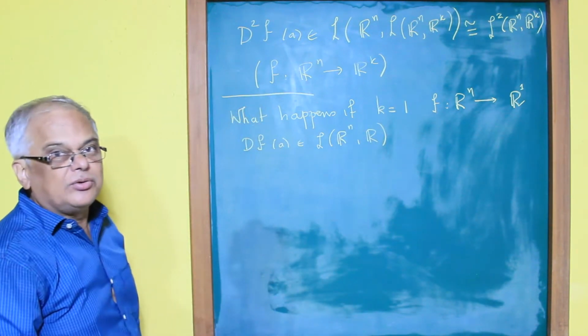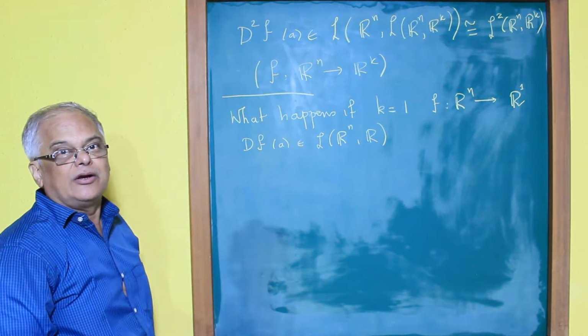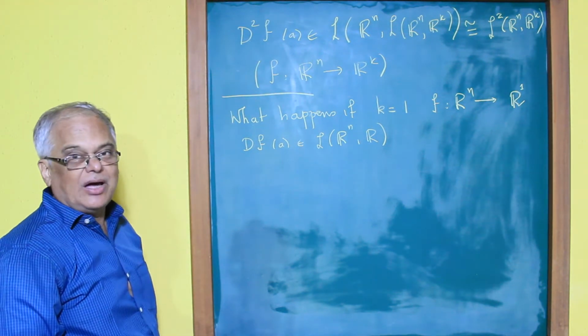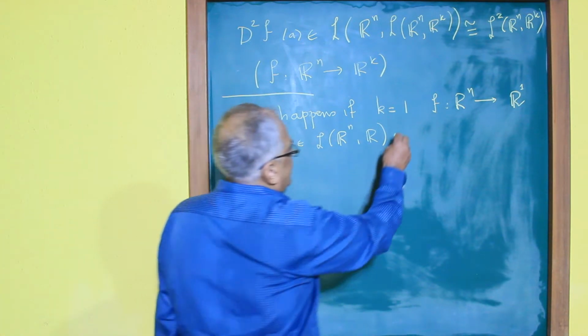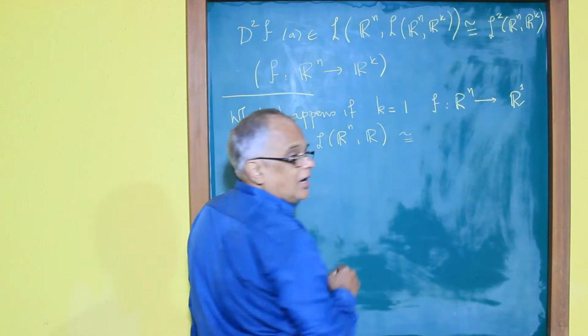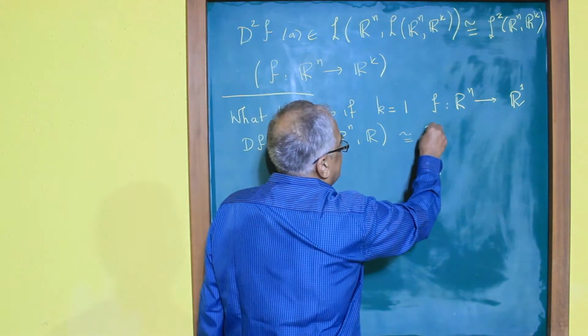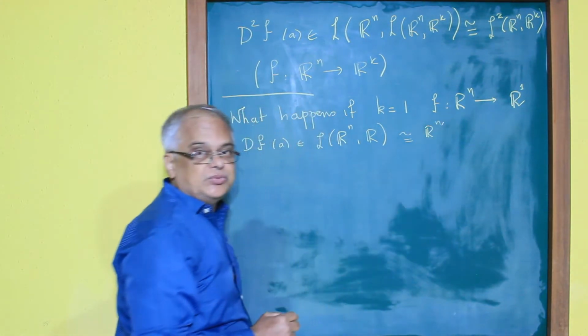And we already know that all linear maps from Rn to R are in fact given by an inner product. Linear maps from Rn to R can be identified with Rn. In which way?